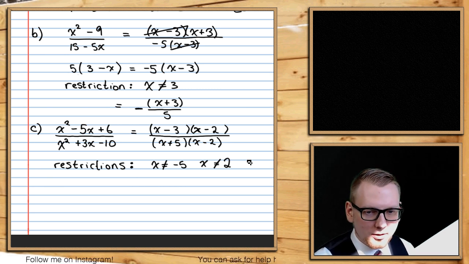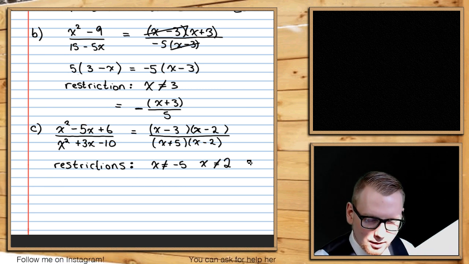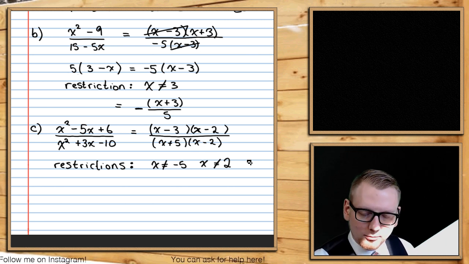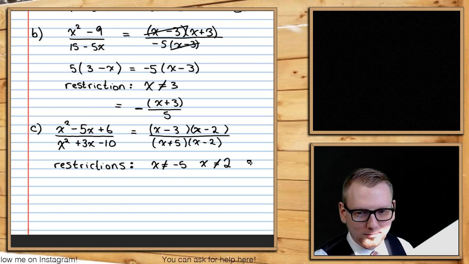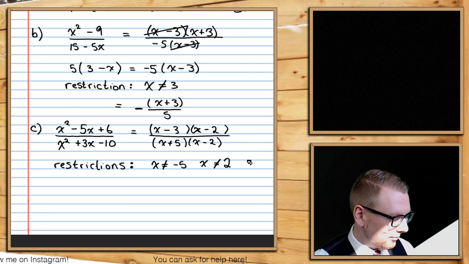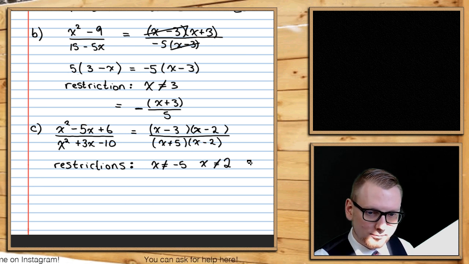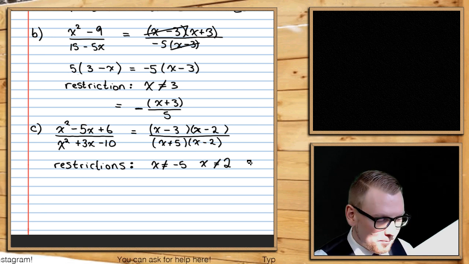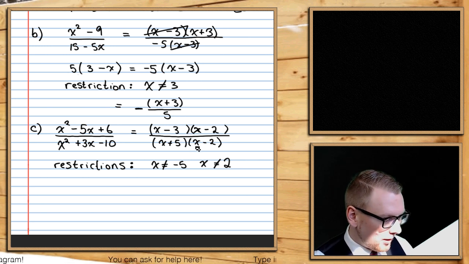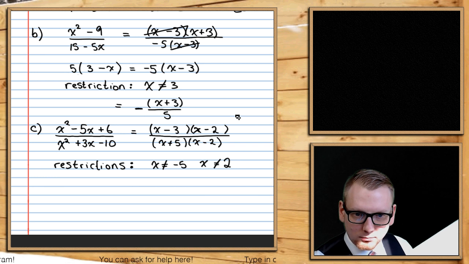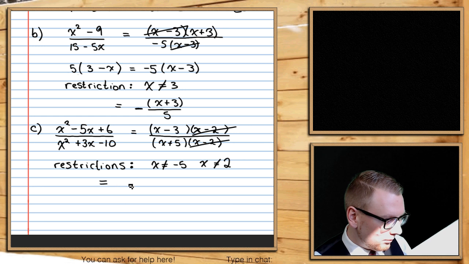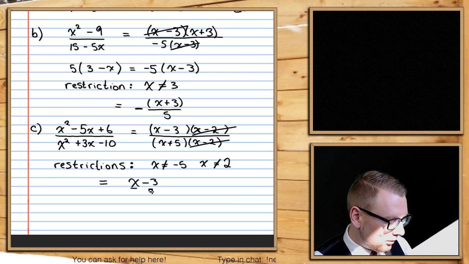All that matters is you understand the concept. If you understand the concept, at least then you can even test yourself. So that's really all that matters. Okay. Now cross it out. X minus 2 is the only thing. Yeah, exactly. X minus 2. So you're left with x minus 3 over x plus 5.